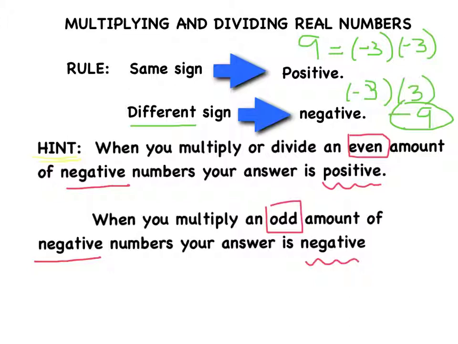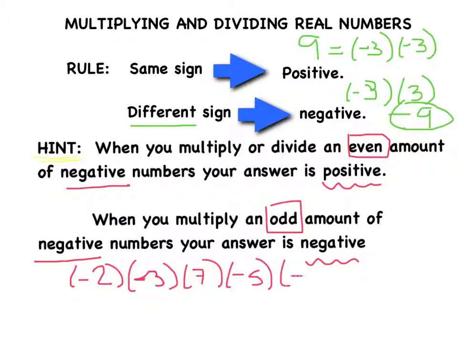For example, if I multiply a minus 2 times a minus 3 times a 7 times a negative 5 times a negative 2, how many negative numbers do we have? Let's count them: 1, 2, 3, and 4. Those are 4 negative numbers, so my answer will be positive.